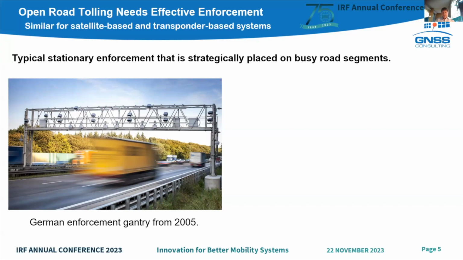That means that they either have a functional onboard unit or they have possibly used the manual booking system, which is often an option in many countries, but also other countries have made it mandatory to have an onboard unit since it's rather easy to use nowadays. So this is how the gantries looked back in 2005 in Germany.